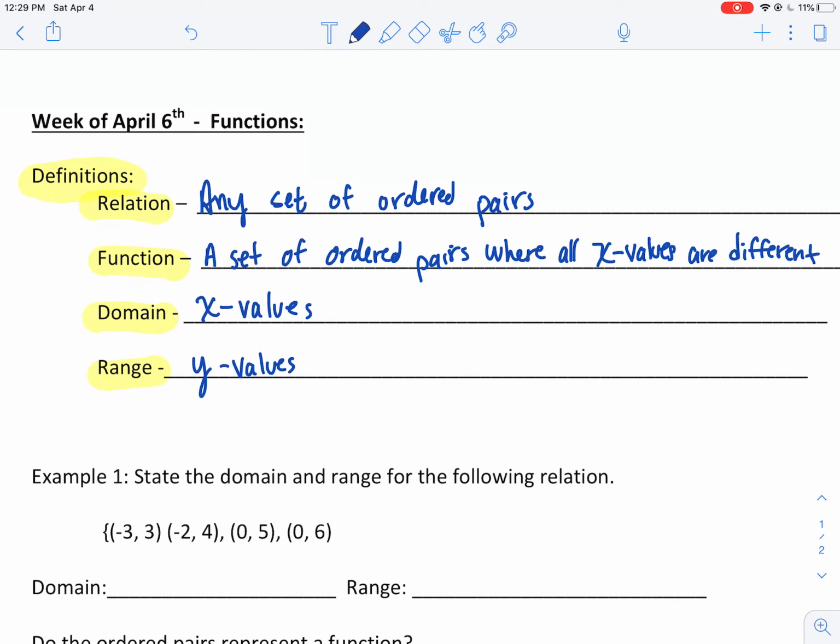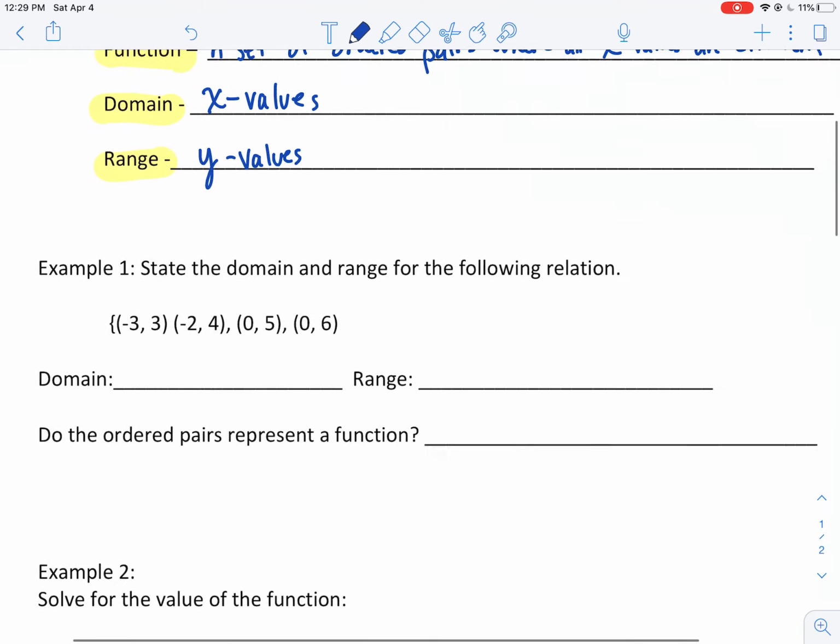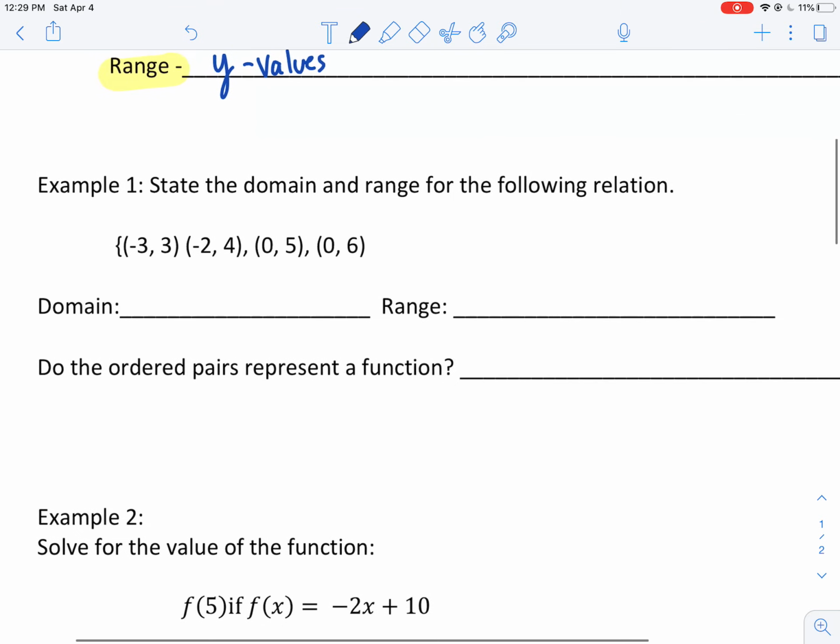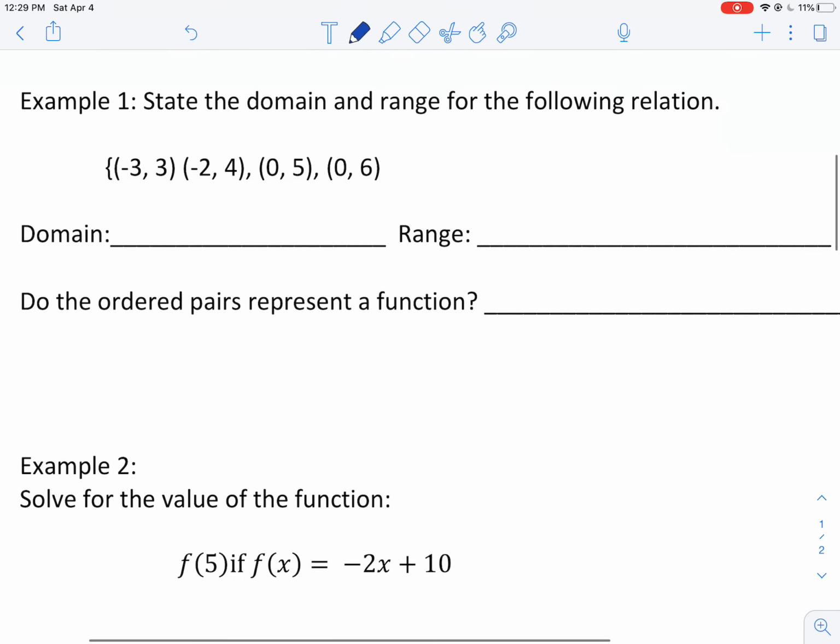Okay, so the questions that you're going to see today are going to be like the ones I show you below. Example 1 says state the domain and range for the following relation. So the domain, if they're all my x values, remember ordered pairs are x comma y, the domain is going to be all your x values. So all the first numbers in the ordered pairs.